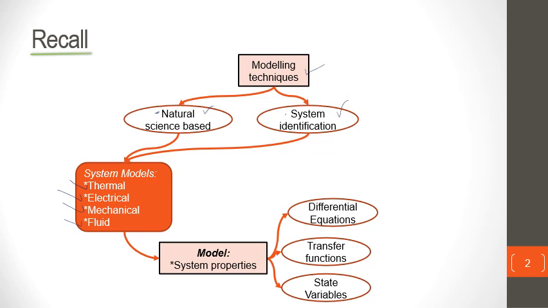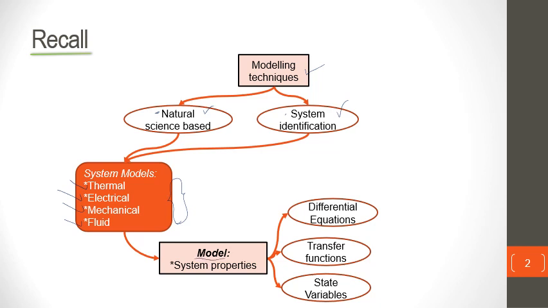Given all of these types of systems, given the fact that you can model them using the maths of physics, the underlying physics, you can represent the model generically in three different ways.